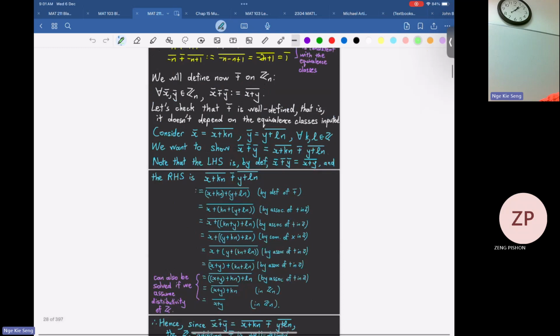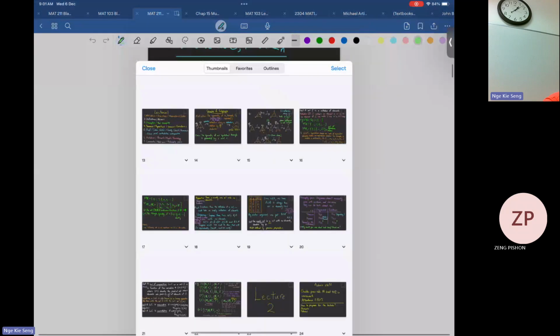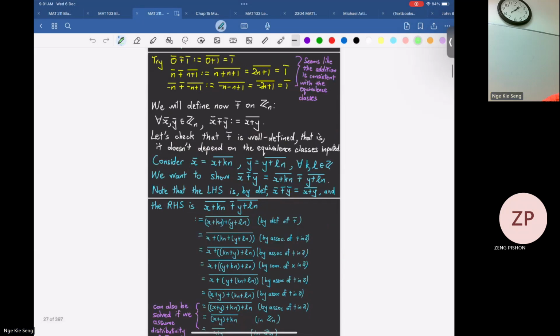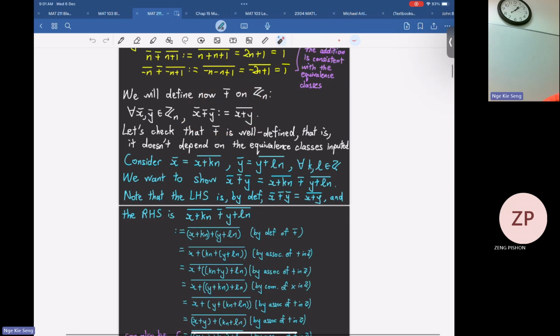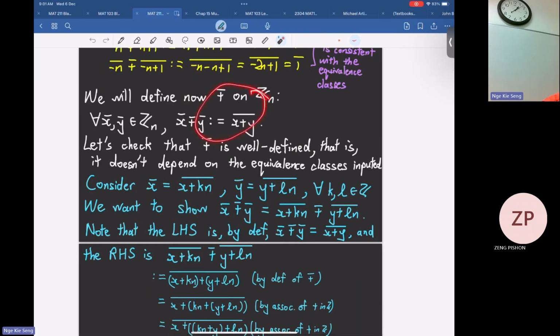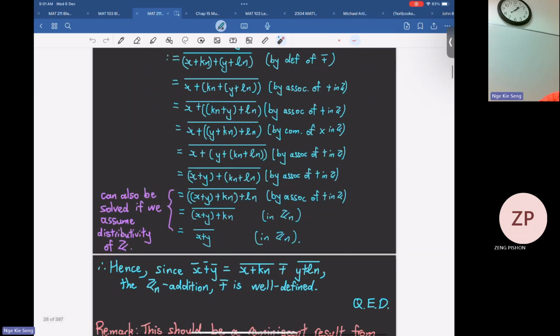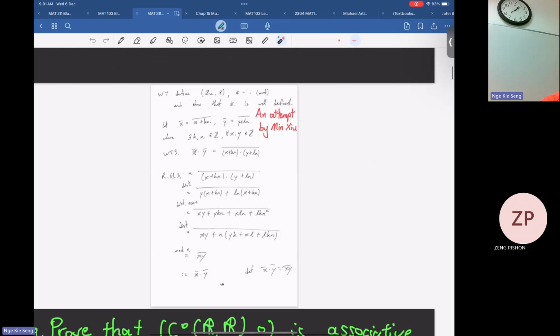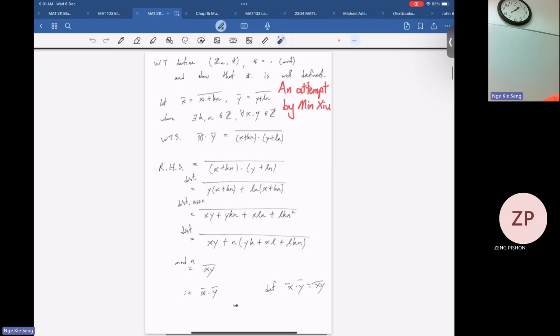See? This is lecture 2. In lecture 2, what did we do? We defined addition on Z_n, and then it forms an abelian group. And then we checked that it is well defined. And then I challenged you to go back and define the multiplication, and before the class finishes, give this piece to me.